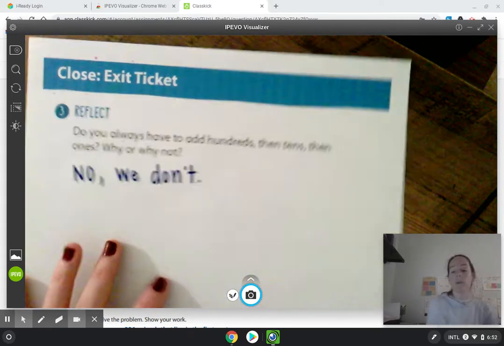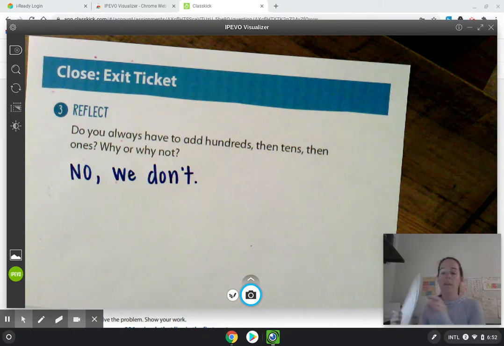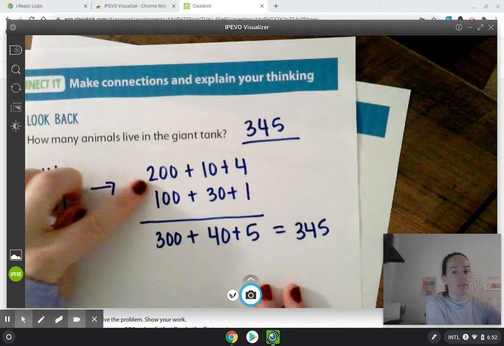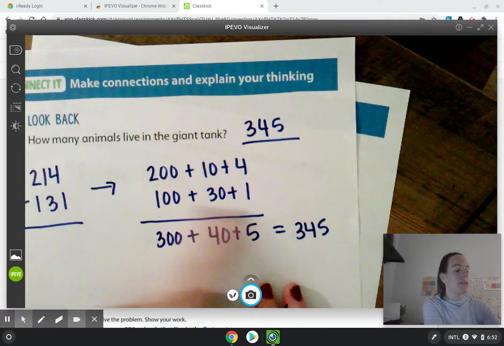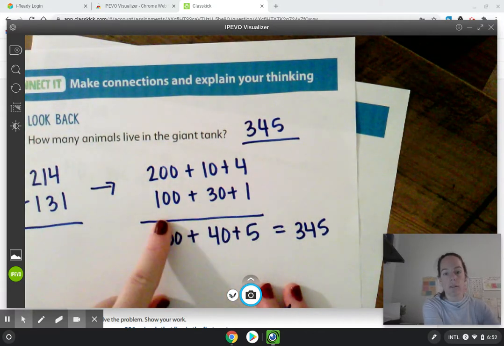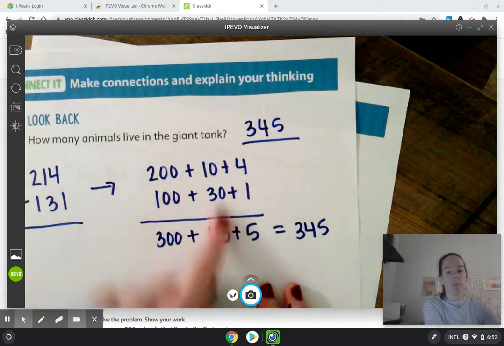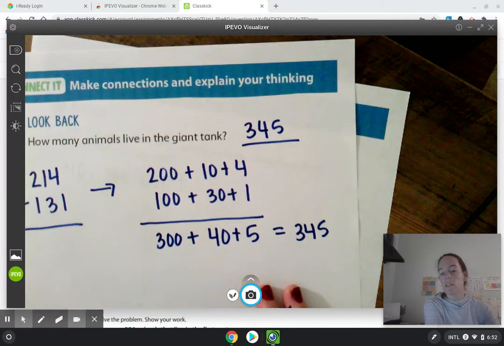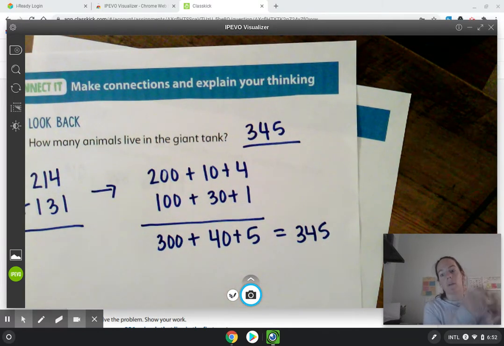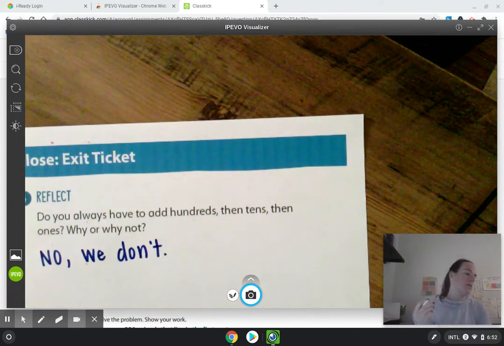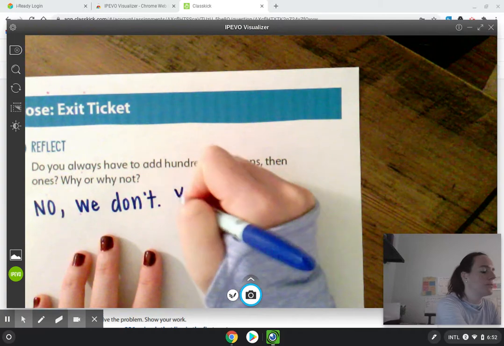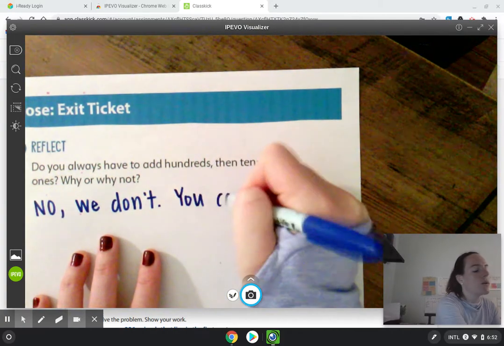The important thing when we're adding is that we add the hundreds to hundreds, the tens to tens, the ones to ones. We went this way, but we could have gone this way, right? Added the ones first, then the tens, then the hundreds. Doesn't matter. All that matters is we're combining place values together. Hundreds with hundreds, tens with tens, ones with ones. So you can add in any order.